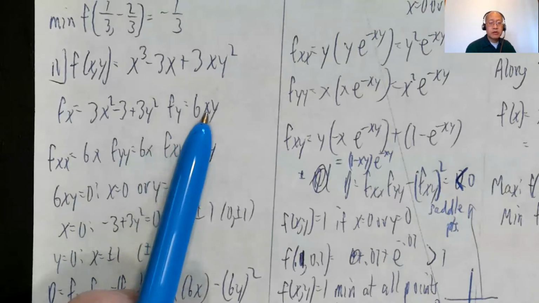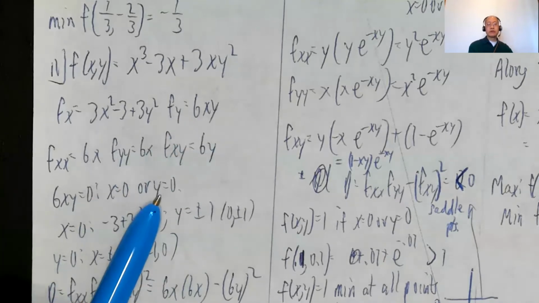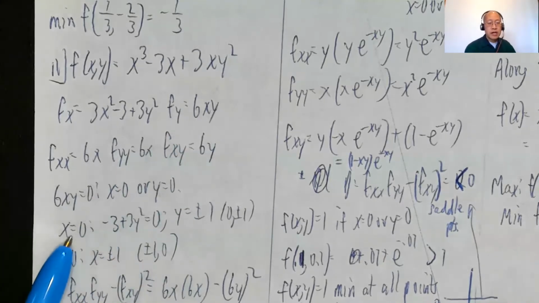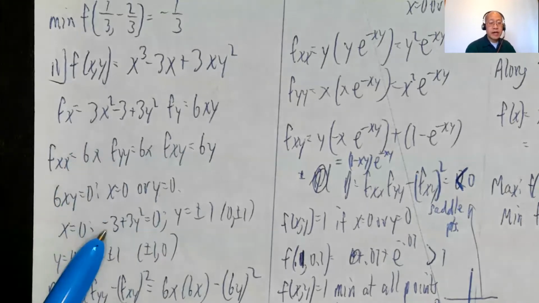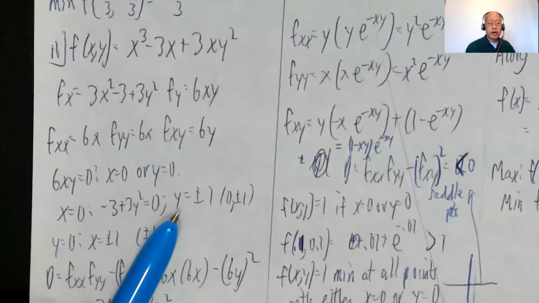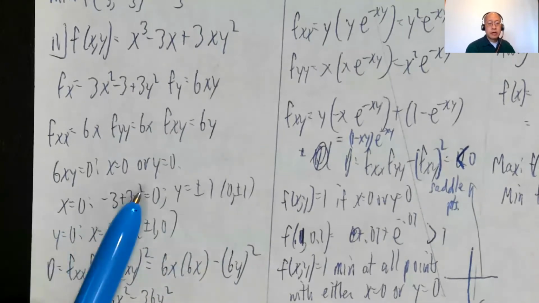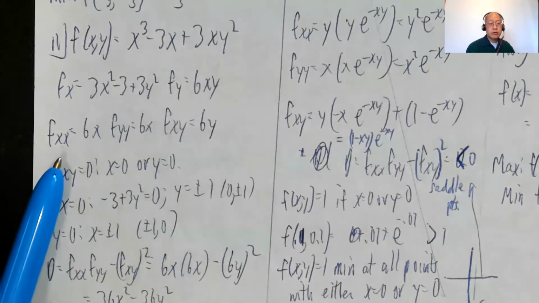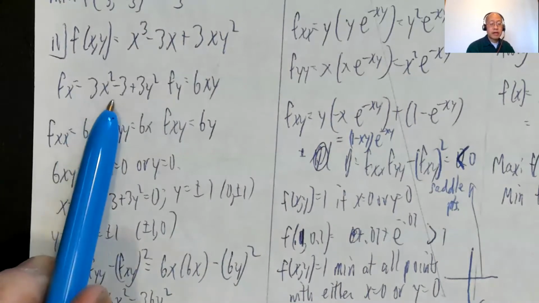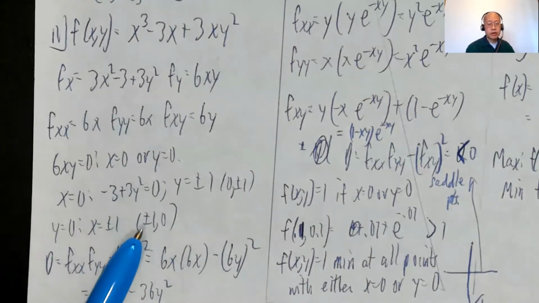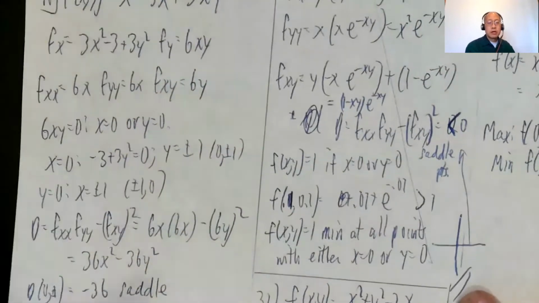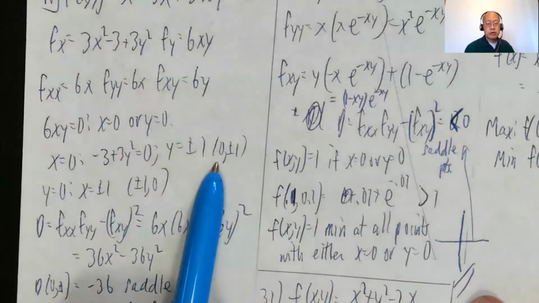So 6xy equals 0 means x equals 0 or y equals 0. Plug in x equals 0 right here. Negative 3 plus 3y squared equals 0. y is plus or minus 1. So we have (0, plus or minus 1). And y equals 0, put y equals 0. Then you have 3x squared minus 3 equals 0. That means x is plus or minus 1. So your critical points are (plus or minus 1, 0) and (0, plus or minus 1).